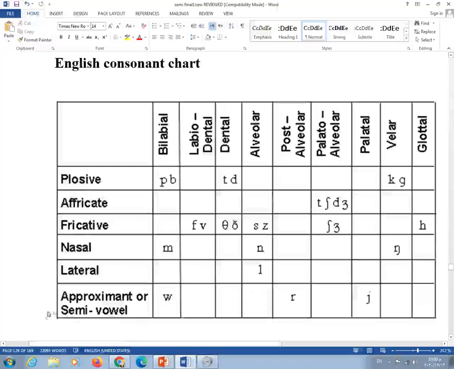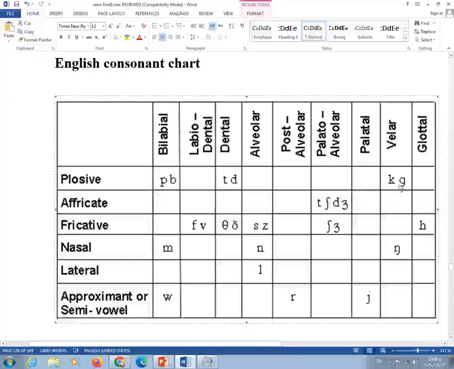Six, by the way, sorry. We have plosive or stop consonants, and as you see we have two bilabial consonants p and b, two alveolar consonants t and d, and two velar consonants k and g. Affricates: we have ch and j.